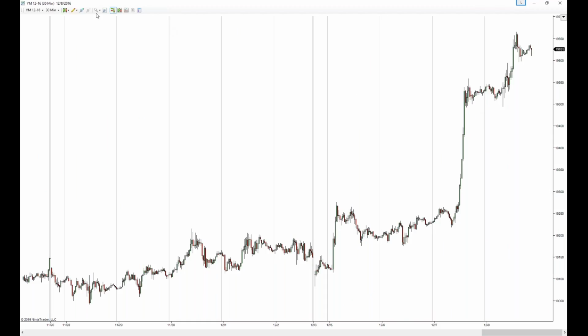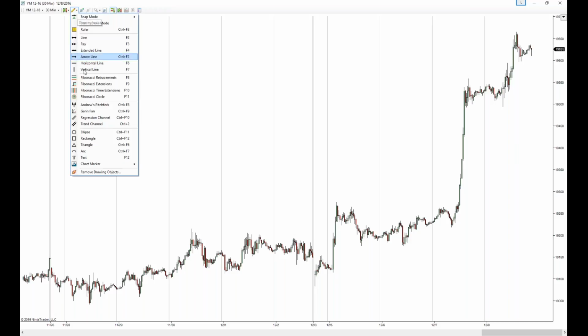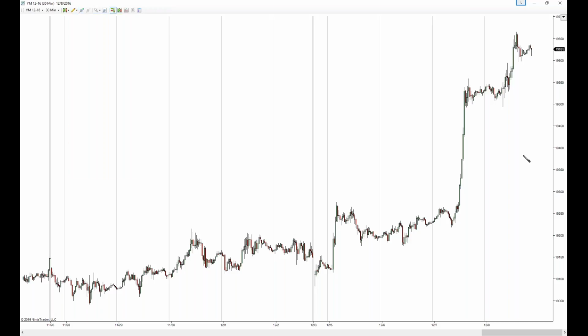So what is it doing now? We need to understand what is it doing now? Well, it looks like it still wants to go higher. My trend would probably look like this. Okay, I'm in quad 1 looking to buy the YM.